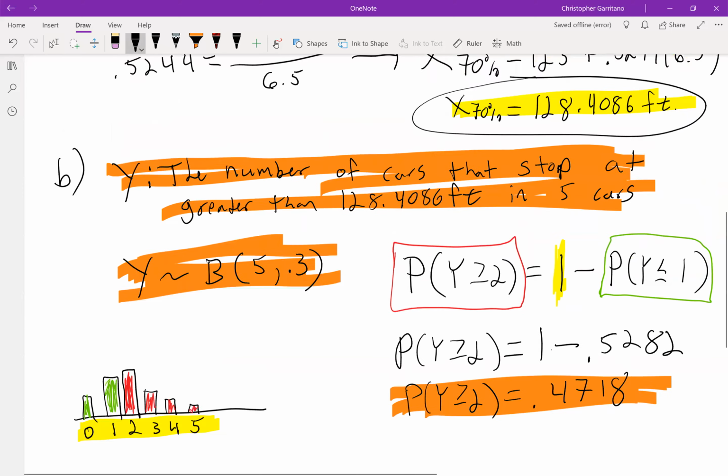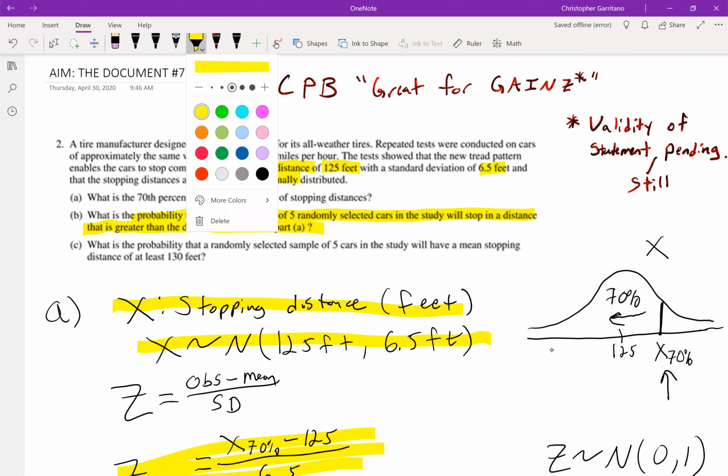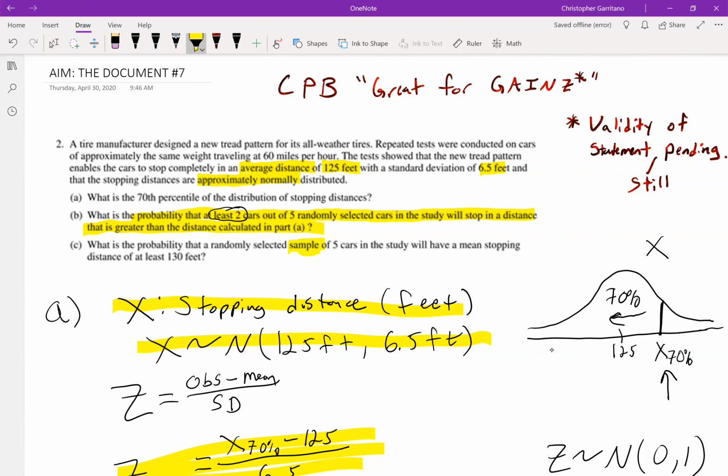All right, cool. Part C now. What is the probability that a randomly selected sample, here we go, folks, sample, implying sampling distribution, sample of 5 cars in the study will have a mean stopping distance of at least 130 feet. So now what we're interested in is the sampling distribution of sample means.